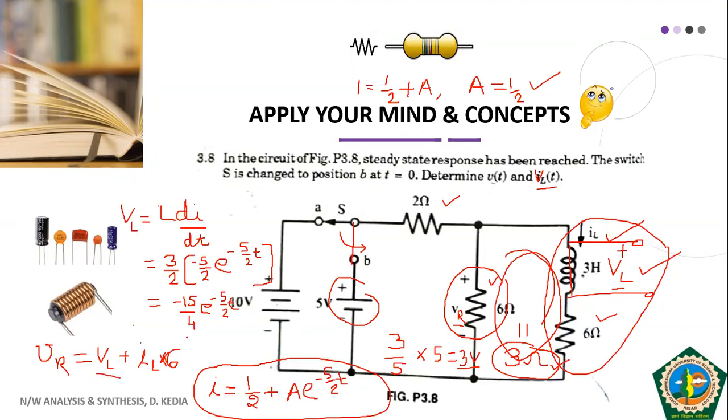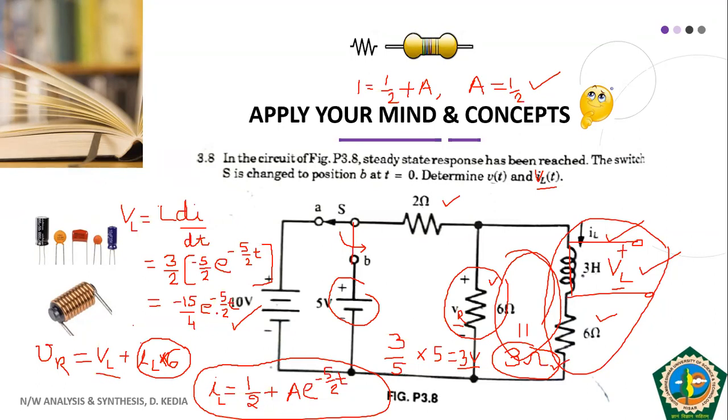So VL we have calculated, that is equal to minus 15 by 4 e raised to power minus 5 by 2t. And then we have to calculate 6 IL. And IL we already have with us. This was IL with A equal to 1 by 2. Okay. So you substitute the value of IL here.